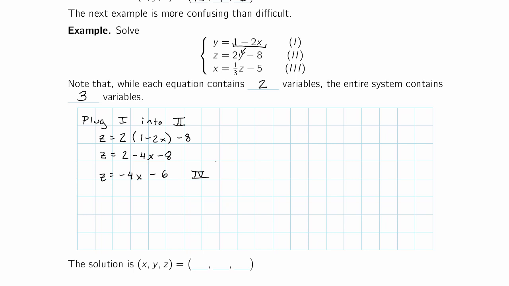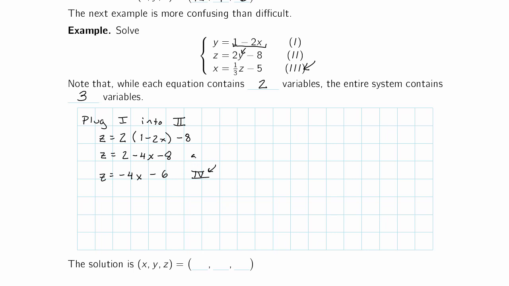Why not? Well, because I've gone from having 2 equations with 2 variables each to now I have another equation with 2 variables. Why is that good? Well, we notice that equation 3 and equation 4 have the same variables.